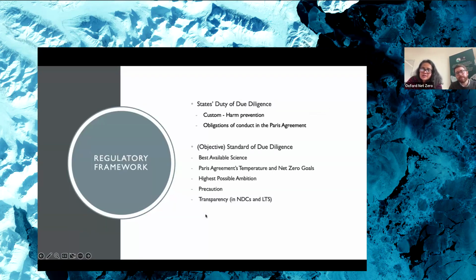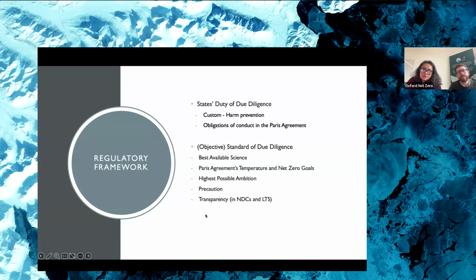So the regulatory framework that we have identified that applies to states' use and deployment of CDR is the fact that states have a duty of due diligence in relation to their actions to address climate harms, but also actions that cause climate harms. And we derive and find this duty of due diligence from 2 sources.